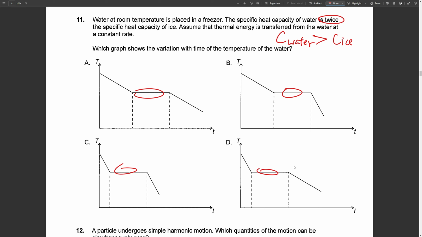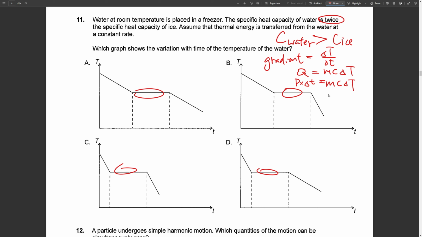What we should focus on is the gradients before turning into ice and after turning into ice. Gradients of the graph, which means it is the change in temperature over the change in time. And to get this ratio, we begin with the equation Q equals mc delta T. Q is the thermal energy and it is the power times the time, P times delta t.